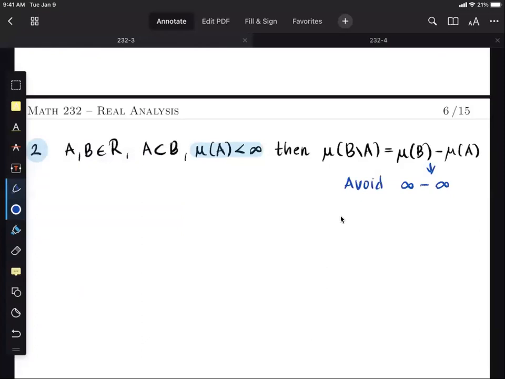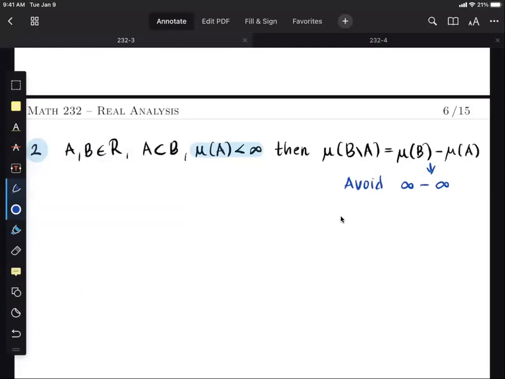It is possible that the content of B minus A can be 0, can be a finite number, or can be infinity. So to avoid this operation, infinity minus infinity, we assume that the content of the smaller set is finite.